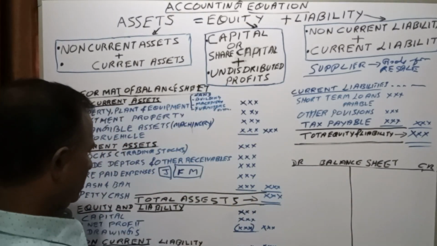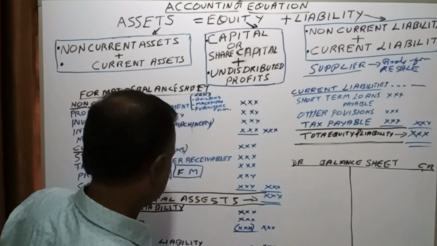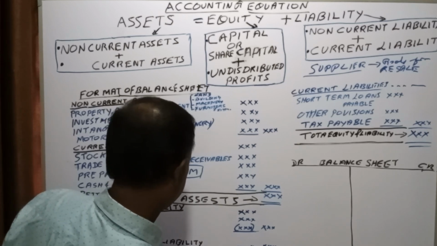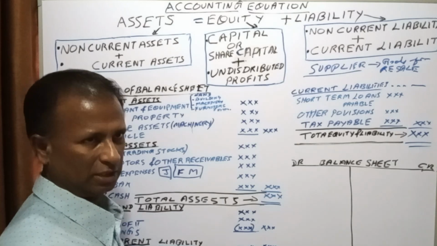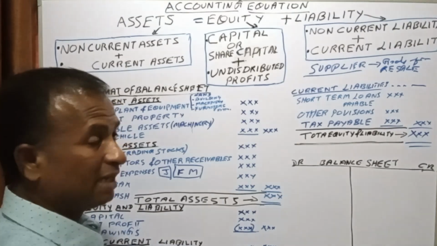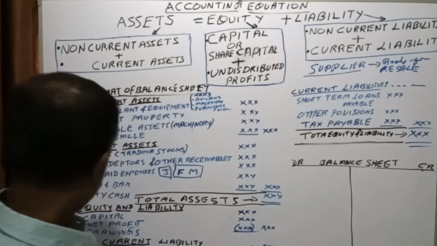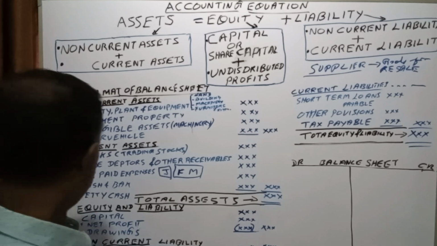Those are coming under other payables. Salary payable, salary, overtime, EPF, ETF payable, tax, like that.